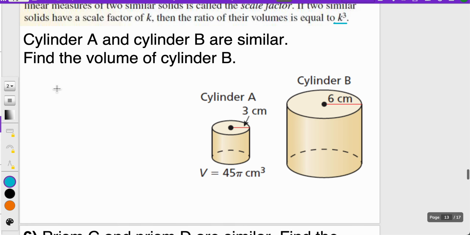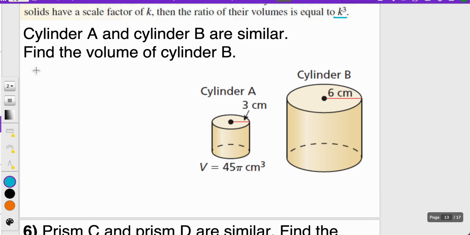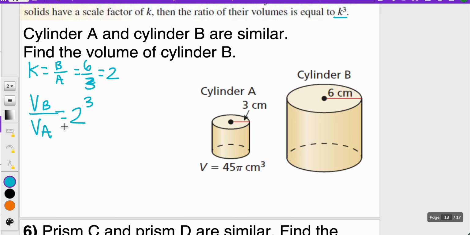So we have an example here, cylinder A to cylinder B. We notice that they have a scale factor. So if I look from B to A, my scale factor, I'm increasing by 2. So K is equal to 2. So that means the volume of B over the volume of A should be equal to K cubed, or 2 cubed.